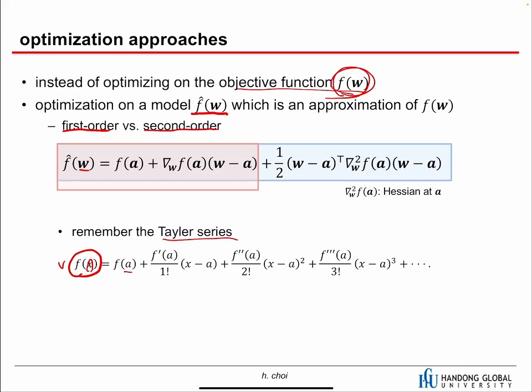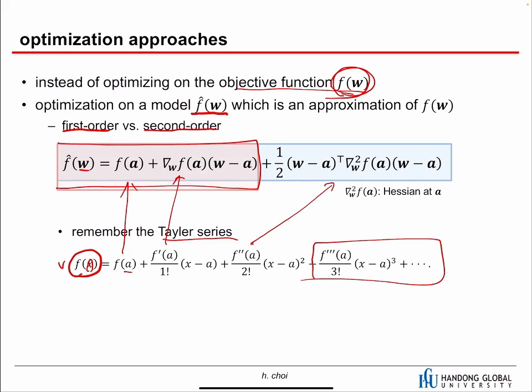So we just generalize this Taylor series with a vector. Actually there is a one-to-one correspondence here. And we don't care about the third order part. So we take first order, or we can take the second order.